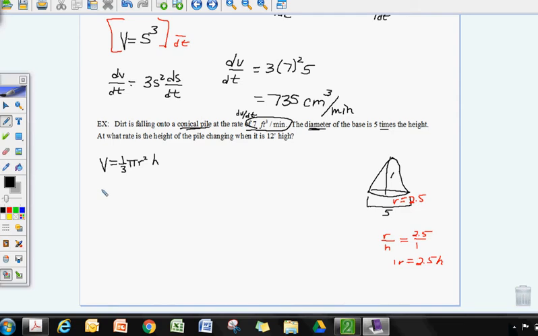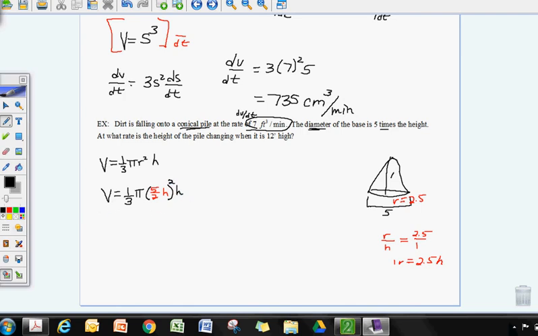So my new volume formula would actually be volume equals 1/3 pi. That radius is going to be replaced with my 2.5, or I'm going to put it in fraction form, 5/2 h. The only reason I put it in fraction form is because I don't have my calculator with me.